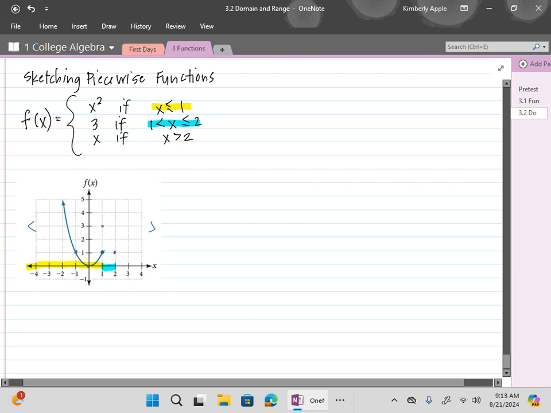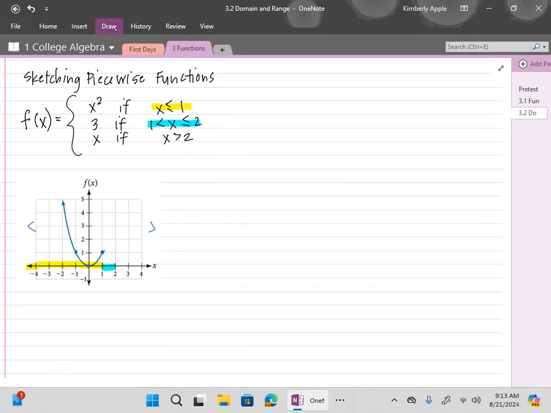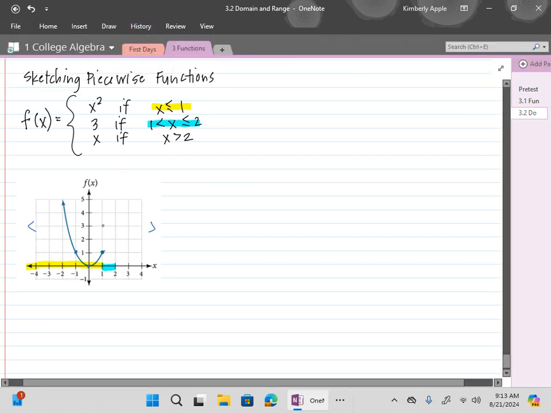Let's see. X equals 3. Nope, still wrong. What's wrong with what I did just now? Yep, closed circle is on the left.